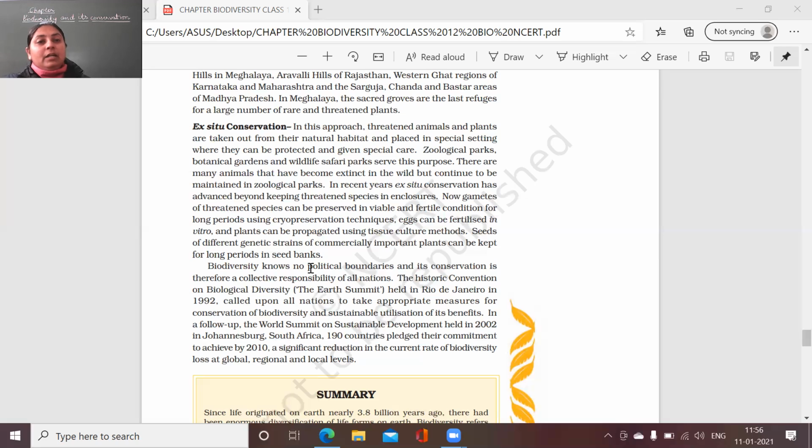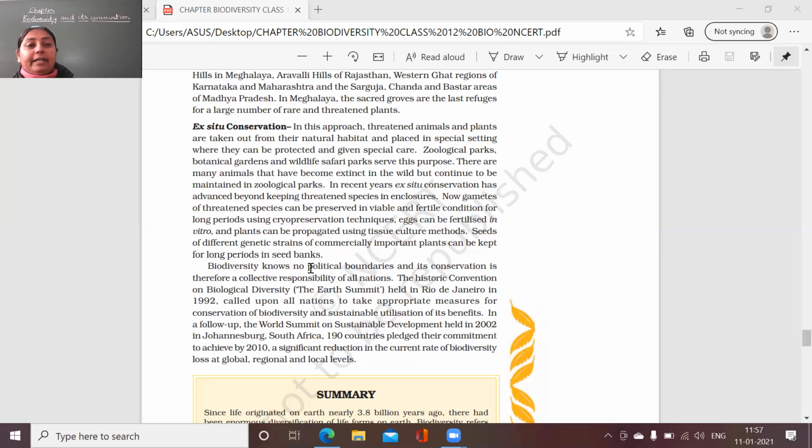Here we use liquid nitrogen at -196 degrees Celsius and the sperms of animals and the pollens of the plants are preserved for many years. ठीक है, सिर्फ पोलन को ही प्रोटेक्ट नहीं करते हैं, एग्स को भी लंबे समय के लिए इन विट्रो कंडीशंस में रखा जा सकता है, और कमर्शियली इंपॉर्टेंट प्लांट्स की डिफरेंट जेनेटिक स्ट्रेन्स के सीड्स को भी सीड बैंक्स के अंदर रखा गया है.